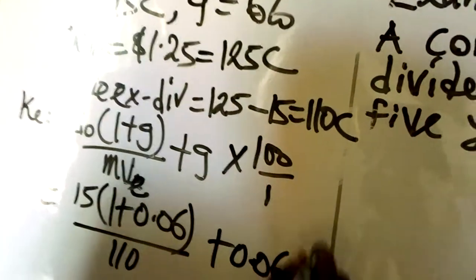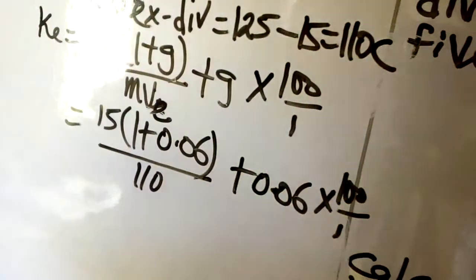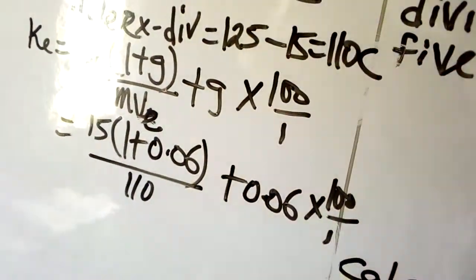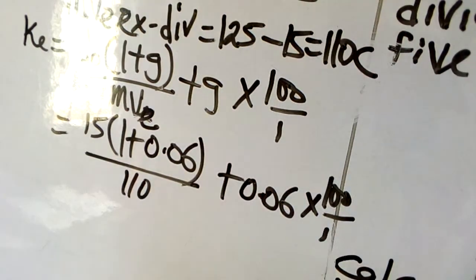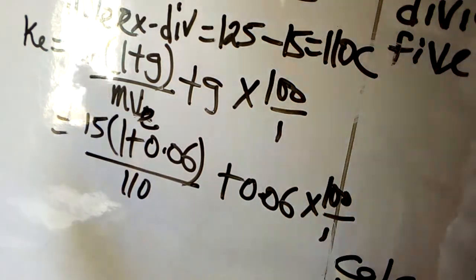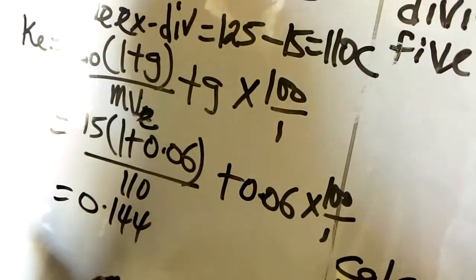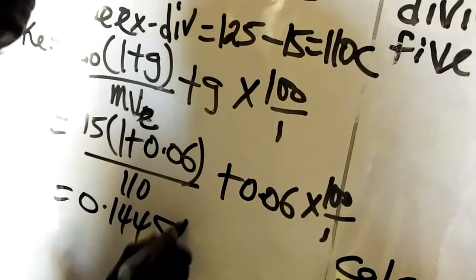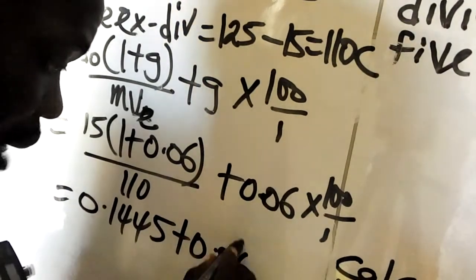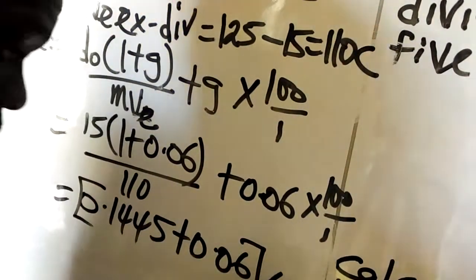So everything you now multiply by 100. If you have 1 plus 0.06, it will be 1.06. 1.06 times 15 gives us 15.9, divided by 110. That will give us 0.1445 plus 0.06.